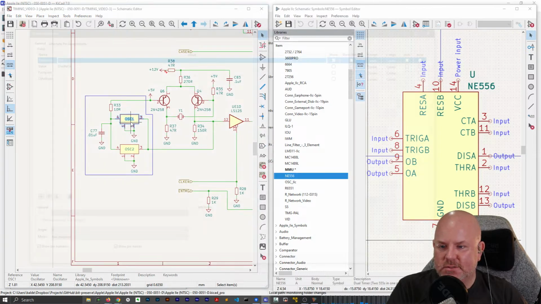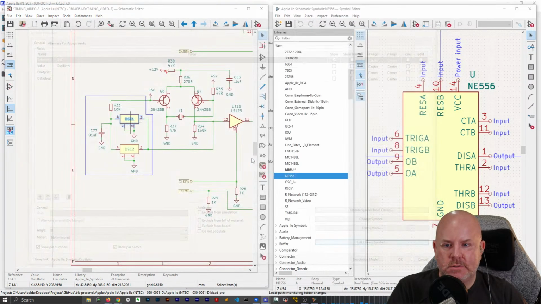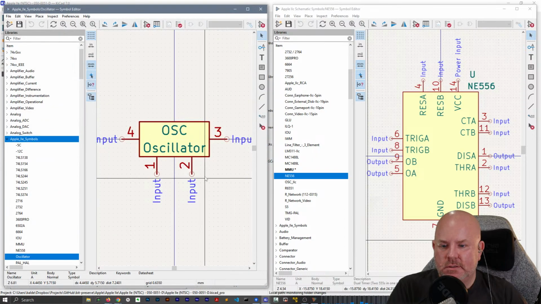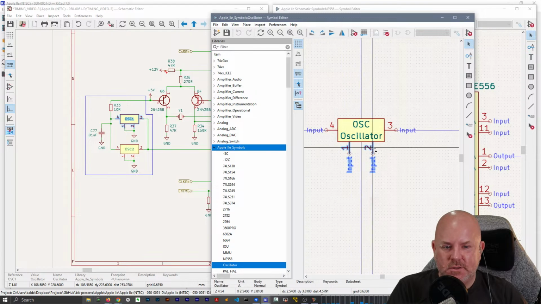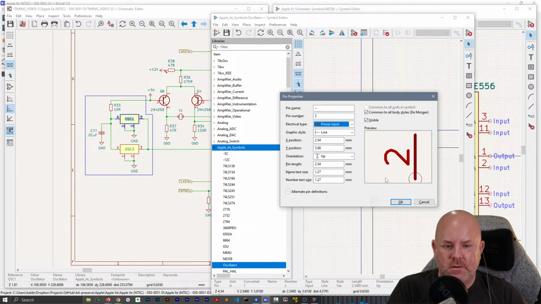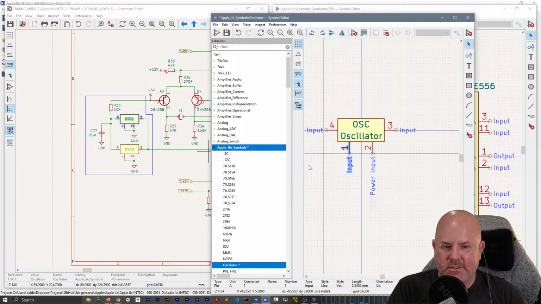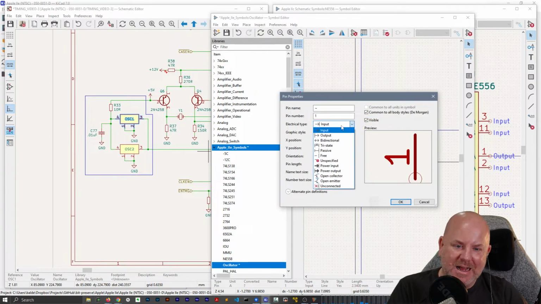This oscillator looks suspicious to me. Yeah, so let's see. 1 and 2 are power inputs because they're connected to ground. Shoot. It could just be... Are these oscillators or are these crystals?